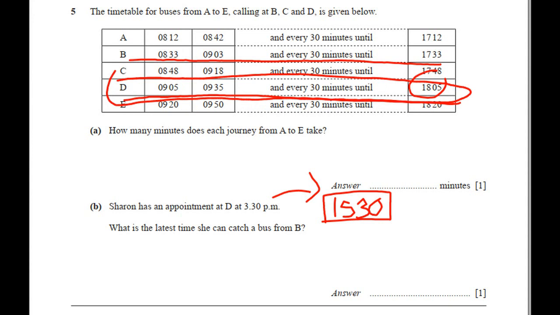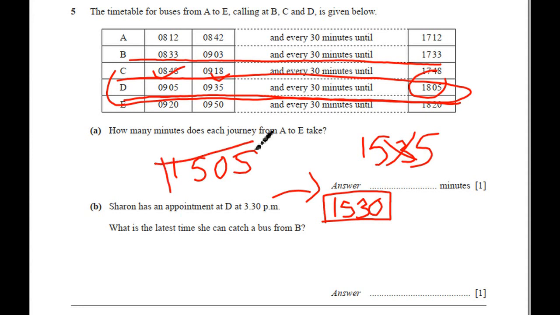So we have 9:05, then 9:35, then 10:05, then 10:35 and so on. So we'll have a bus at 15:05 and 15:35. We'll ignore this one because it will make Sharon late for her appointment. So we need to be at D at 15:05.